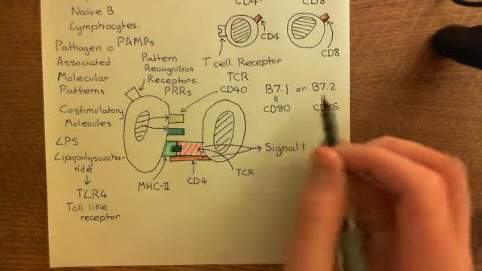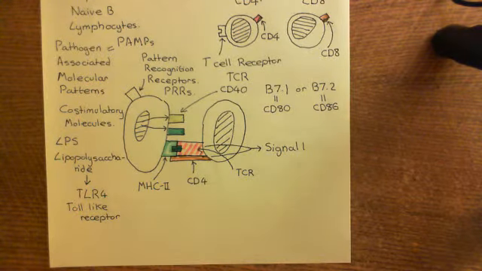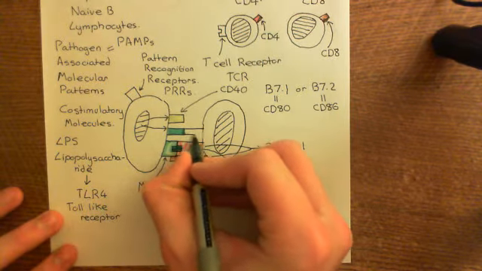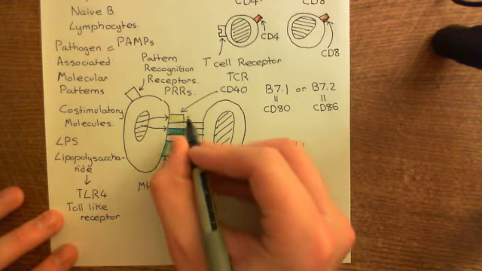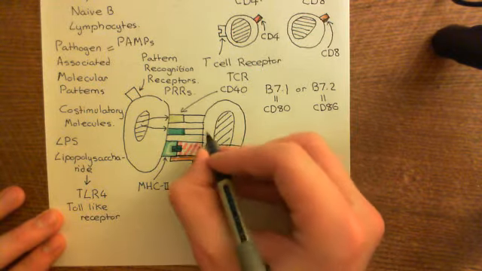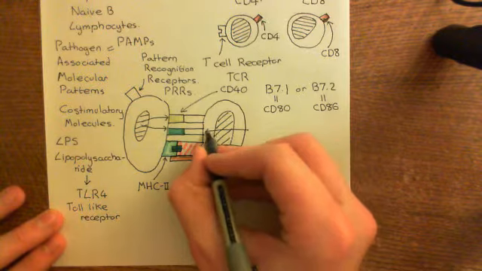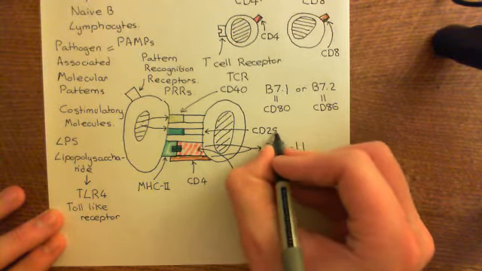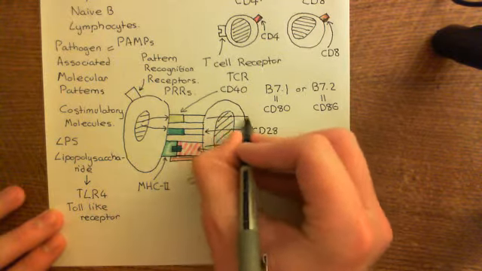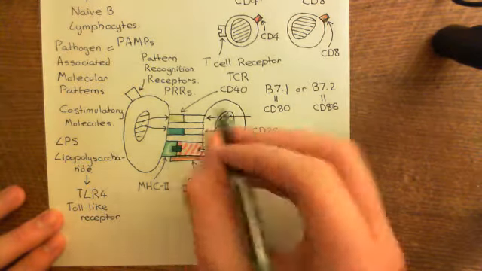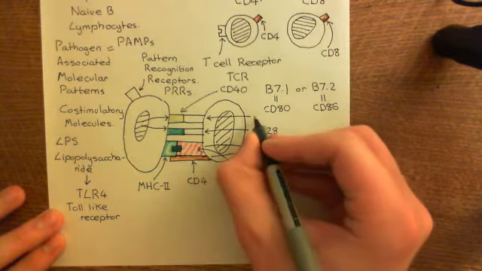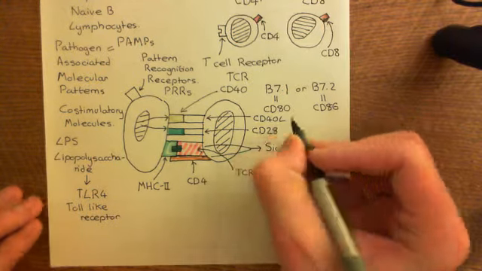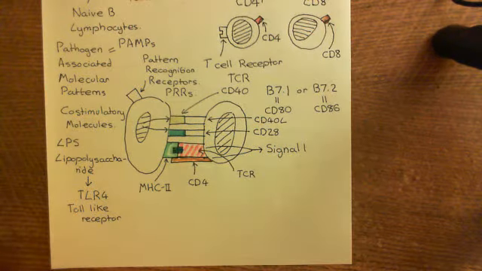Which one actually does the activation is trivial. Okay, so on the surface of the T lymphocyte, then, you have receptors that are complementary for each of these. So the receptor for either B7.1 or B7.2 is a protein known as CD28, and the protein that's going to bind to CD40 on the dendritic cell or macrophage is going to be a protein known as CD40 ligand. Okay, so it's CD40L.